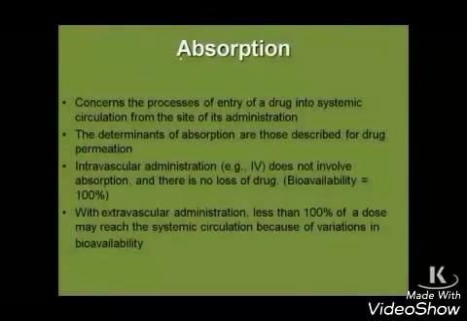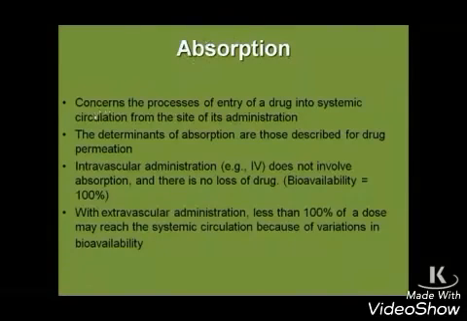Next we're going to look at drug absorption. Really, this is the first part of pharmacokinetics, the first of the 4 parts that we're going to cover. Drug absorption concerns the processes of entry of a drug into the systemic circulation from its site of administration. Movement into the blood is going to involve various factors such as drug permeation, lipid solubility, for example, and a concentration gradient, exactly those points that we've covered so far.